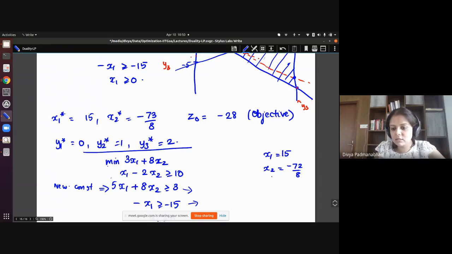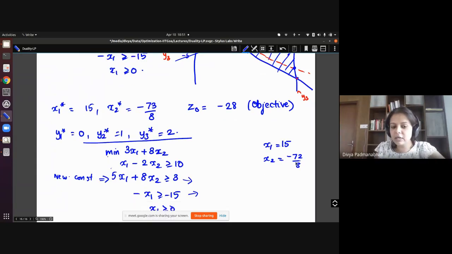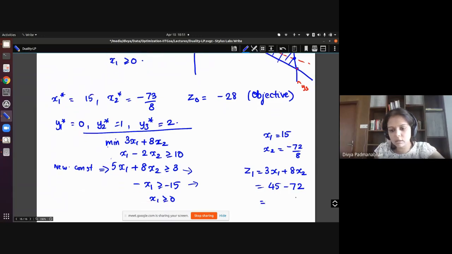You get it by substituting this value, right? x2 is 3 minus 5x1. So that would give you minus 72 by 8. In terms of the optimal objective now, z1, you're going to get 3x1 plus 8x2 still. So this is just going to be 45 minus 72, which is minus 27, right?